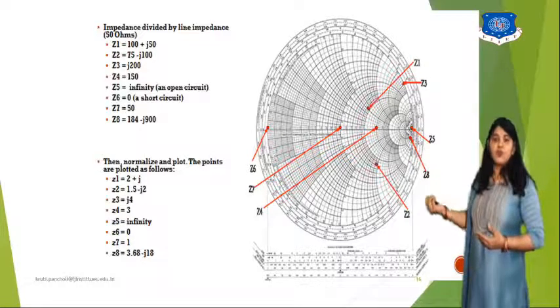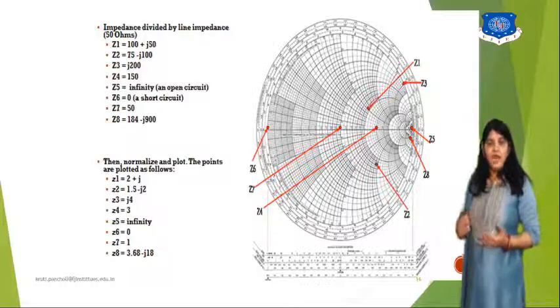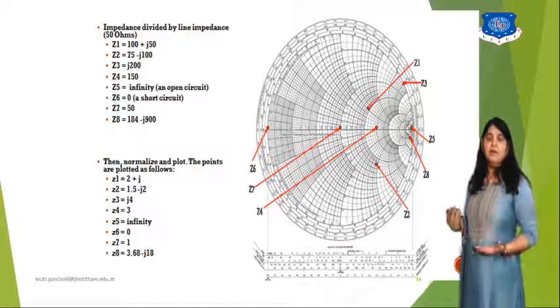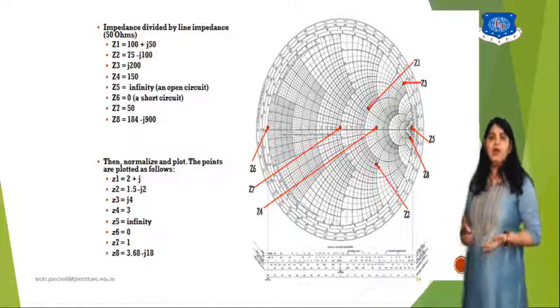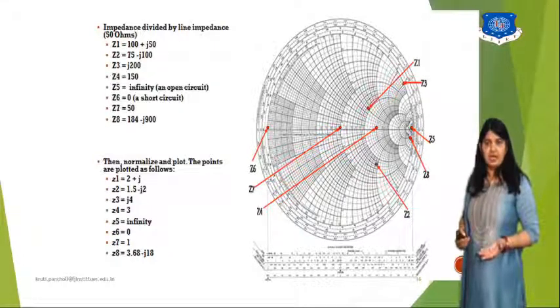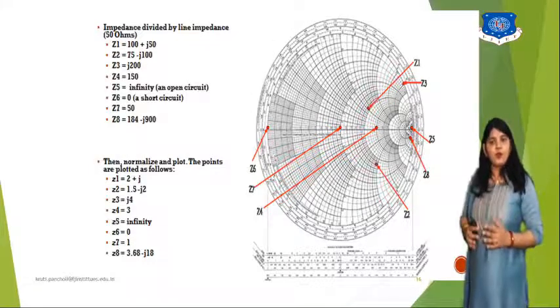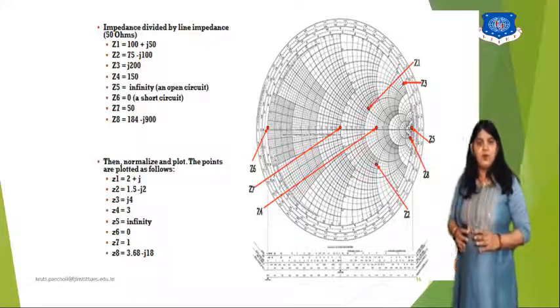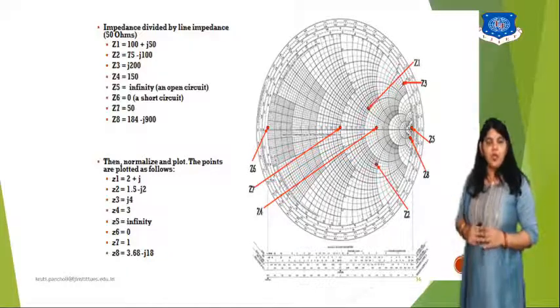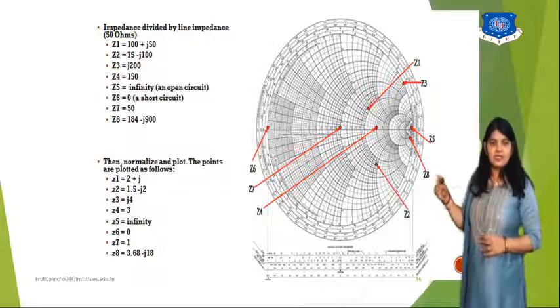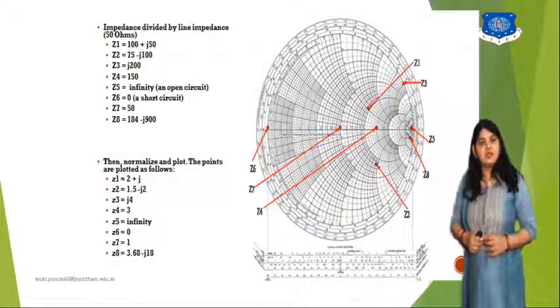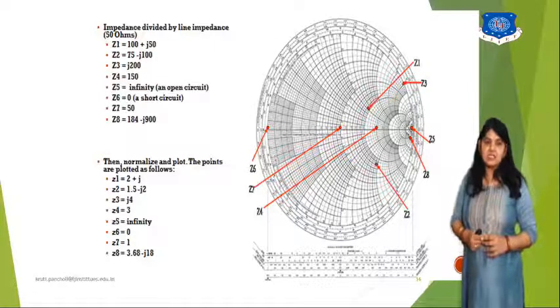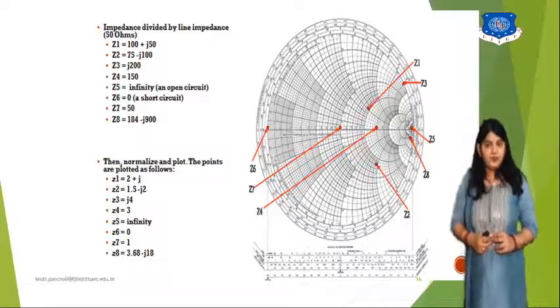First of all, you have to divide the load impedance value by the characteristic impedance value, so that you can find the normalized value. Z1 is equal to 100 plus j50, and Z0, the characteristic impedance, is given as 50 ohm.